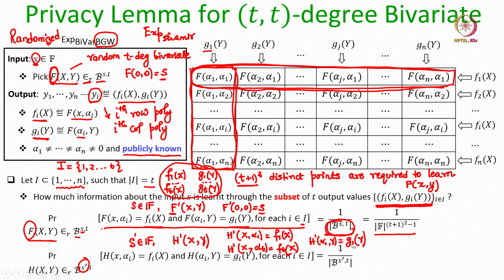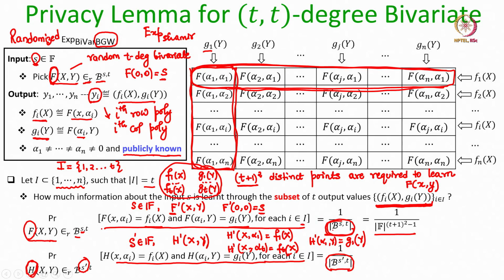So, now we are choosing the bivariate polynomial randomly from the bigger set, namely the set of all t degree bivariate polynomials whose constant term is s prime, and it is only for one bivariate polynomial from this set that this given condition will be true. It will not be true for any other bivariate polynomial from this set. Now, what is the probability that a randomly chosen bivariate polynomial from this set, fancy B superscript s prime t, takes the value h prime of x y?